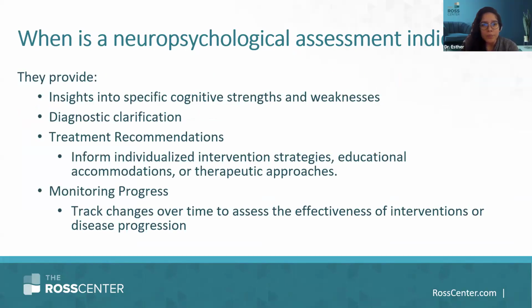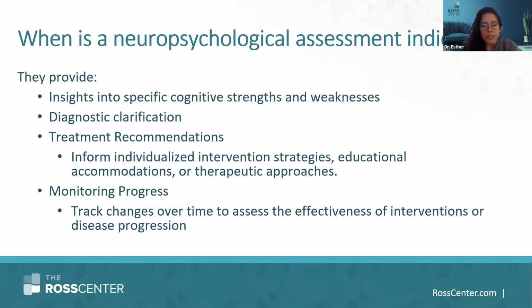It also provides insights into specific cognitive strengths and weaknesses. So, what are specific domains of functioning that could be a strength for an individual that we could leverage, or a weakness for an individual that we could target? It also provides diagnostic clarification of diagnoses that could help clarify and account for these symptoms and what's going on.